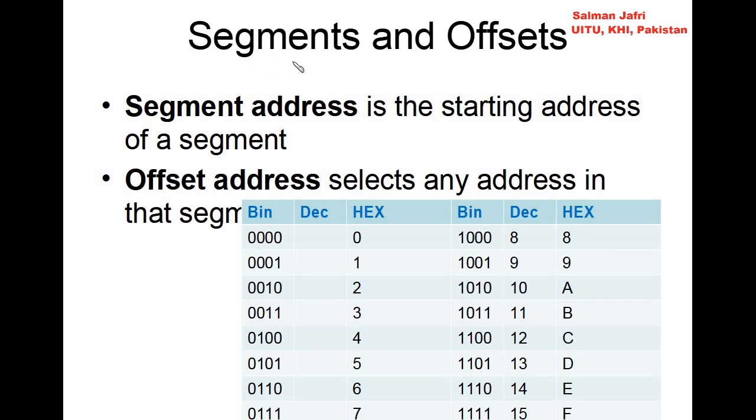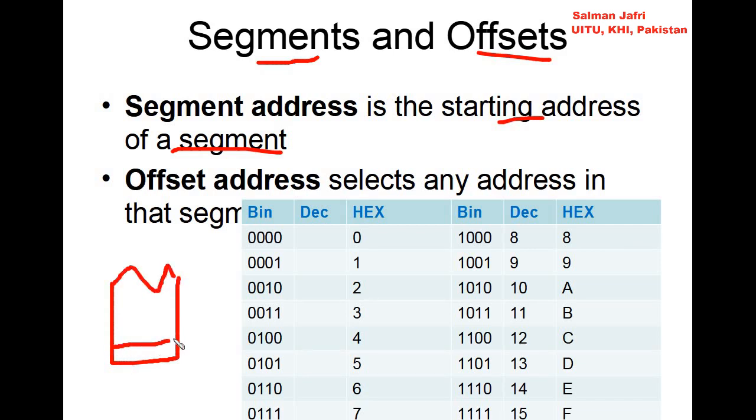So again, some discussion about segments and offsets. The segment address is the starting address of a segment. Let's say we have a memory map, and this is a section of memory we are looking at. This is the start of the segment, so this starting address would be given by the segment register.